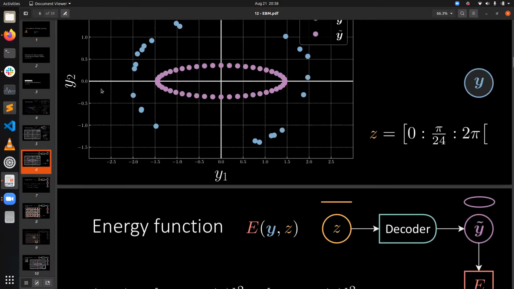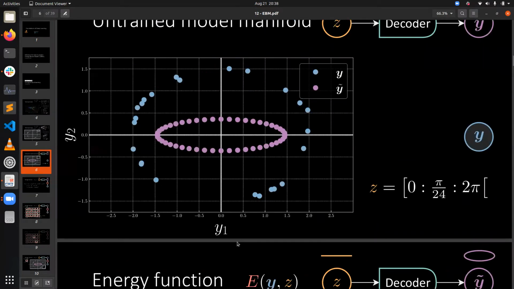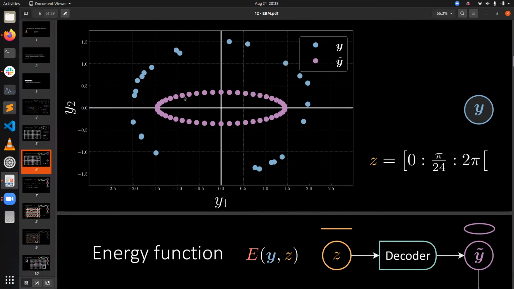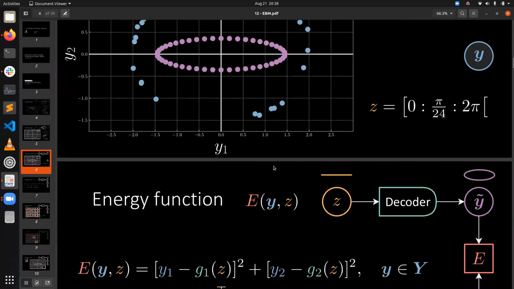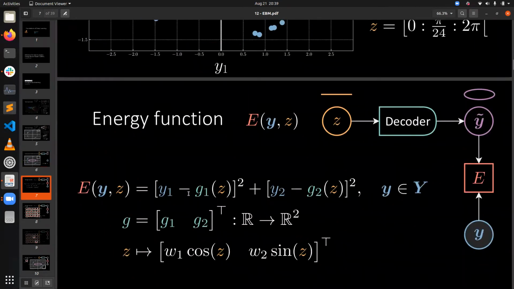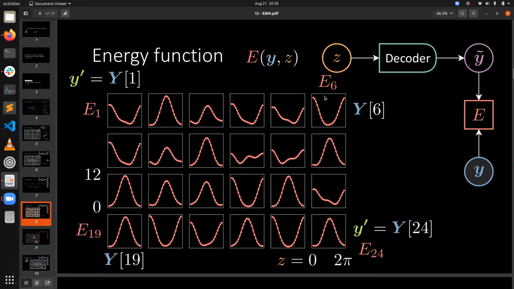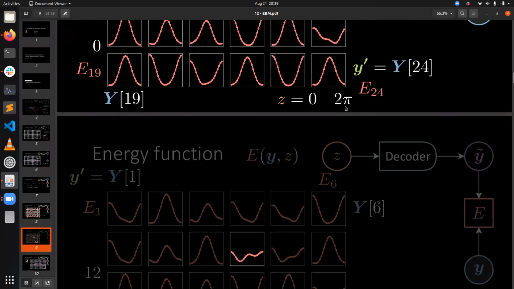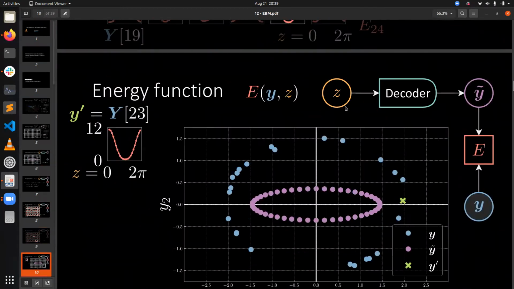Because we are taking a cross section at a particular x, that's why there is no x in here. Any point on the manifold is just a function of the latent variable. So it's the Euclidean distance. And we have seen all of this in the previous lecture.